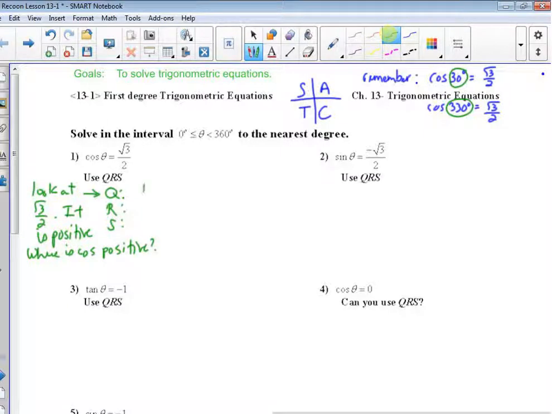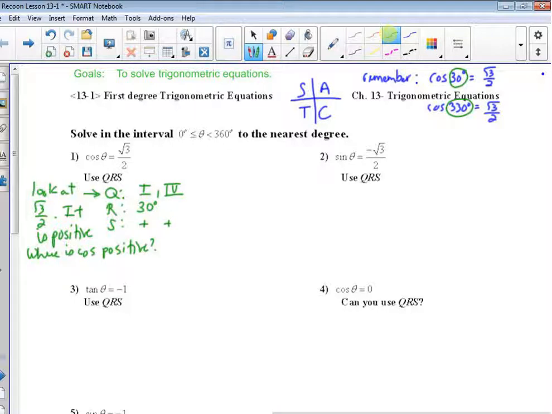So cosine's positive in quadrants 1 and 4. To get the reference angle, you can do second cosine radical 3 over 2, but you should, from your chart, know that the cosine of 30 is radical 3 over 2. And this is just a reminder for the signs that we're positive.